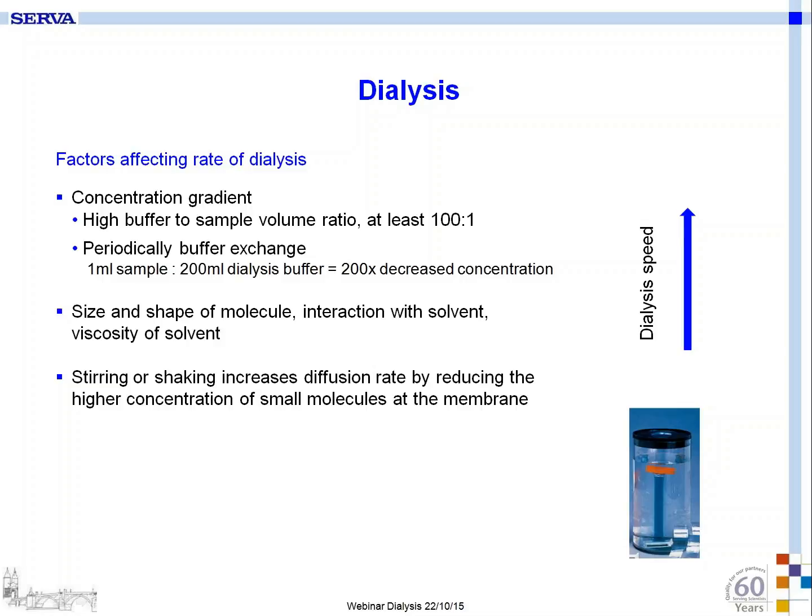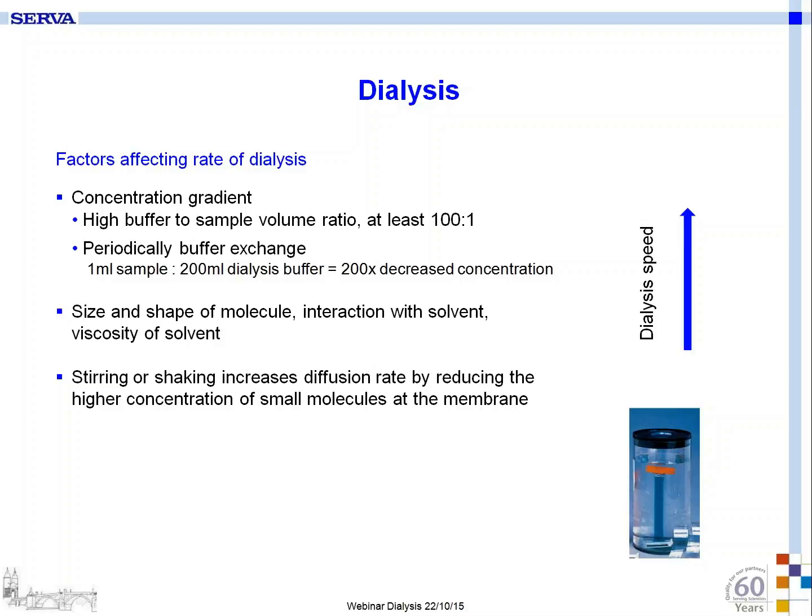And the other thing is that you reduce the concentration of the substance you want to remove by dialysis according to the factor of how often you exchange the buffer and how high the volume of buffer is you dialyze against. For example, if you have 1 milliliter sample and you dialyze it against 200 milliliter dialysis buffer, in one step after reaching the equilibrium, you already decrease the concentration of the substance you want to dialyze by a factor of 200.